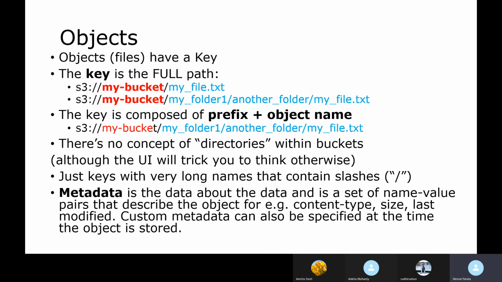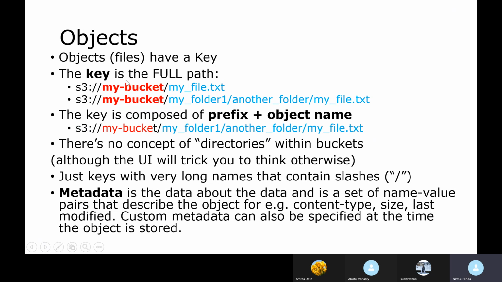So your data, whatever you are providing, the files or any media files or video files or image files or text files, those can be objects. So objects have a key. The key is the full path. You can say full path means your bucket name plus your file name or folder name. So the combination of the full path is an object.